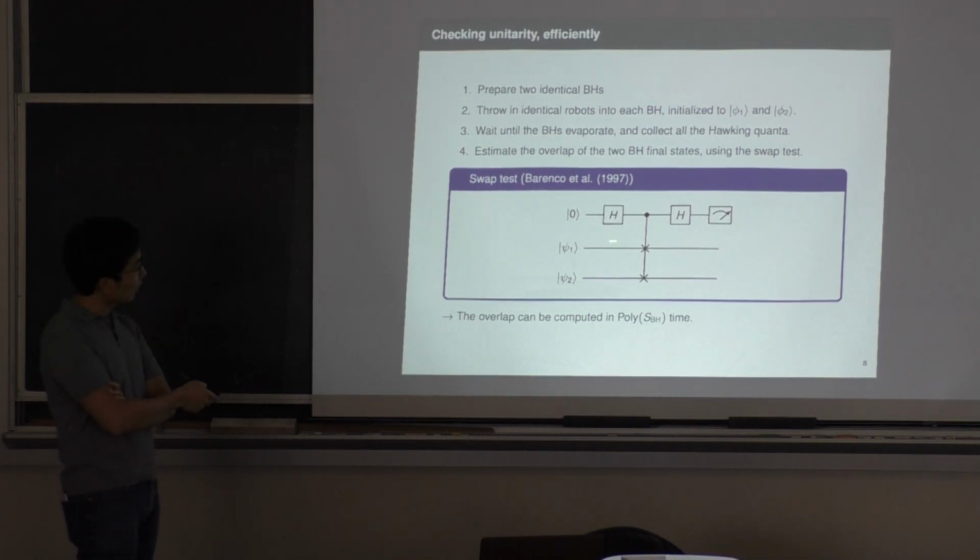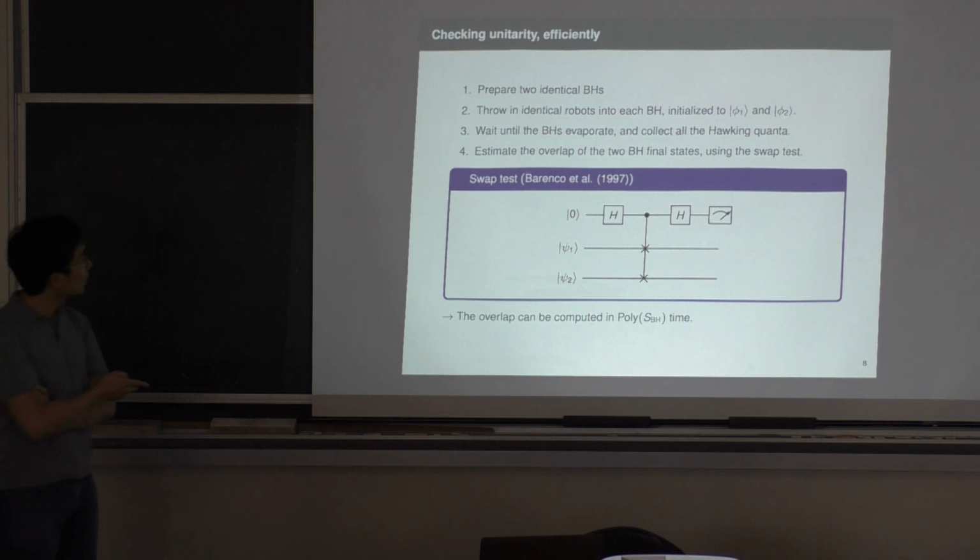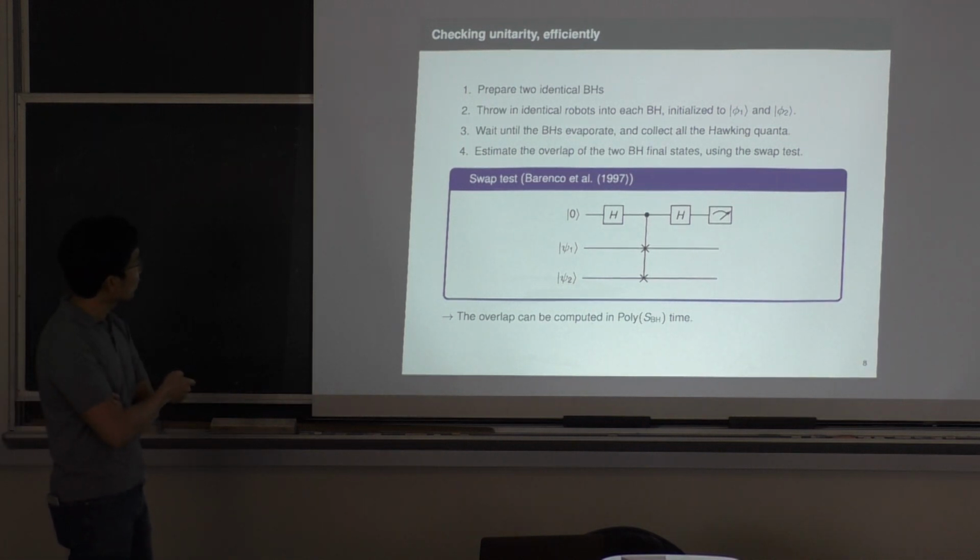Insofar as you can efficiently compare the state on side 1 and side 2, all you need to do is apply this conditional swap, which is a very easy operation. So in principle, you could compare two identical black holes, throw in identical robots, and get some state. You can check whether you pass this swap test or not. If it is unitary, then you pass this test. If it is not, then you get some different answer.